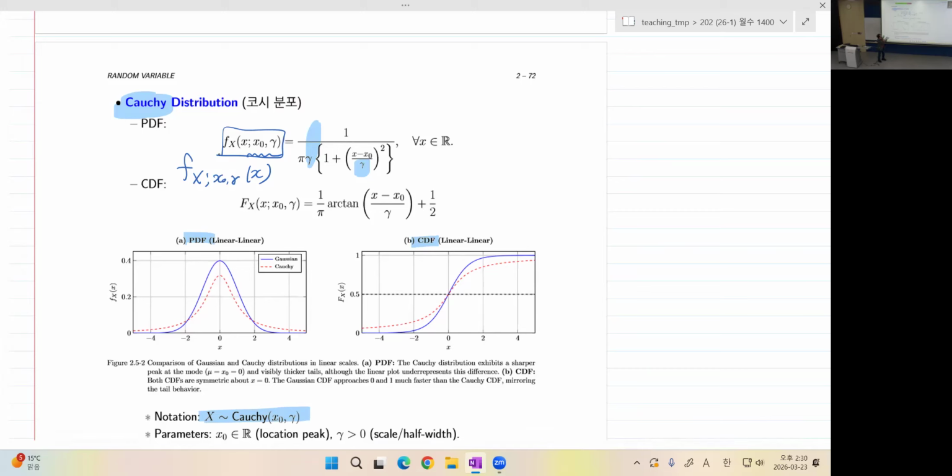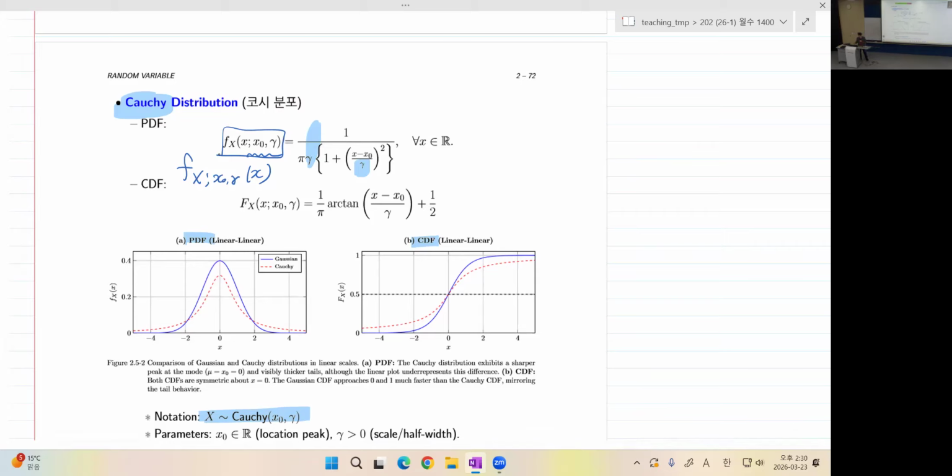Voila, right? We have 1 over gamma because we have divided X by gamma. Now, different from Gaussian that had an exponential function, it has a 1 plus X squared type thing in the denominator. But still, if you draw the PDF, it looks quite like a bell curve.